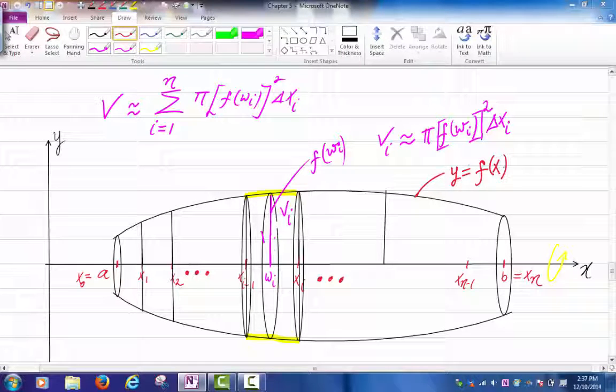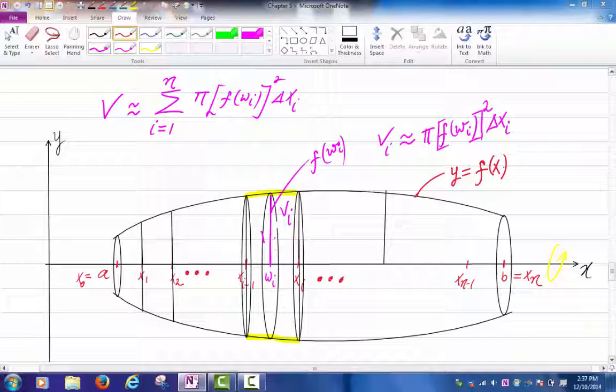So the graph of the function f is the black curve from a to b. Imagine the region below the graph of f, above the x-axis, and you are revolving it around the x-axis. You obtain a solid like this.